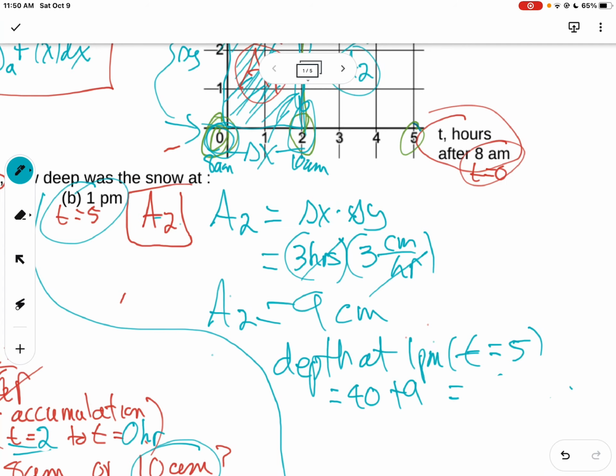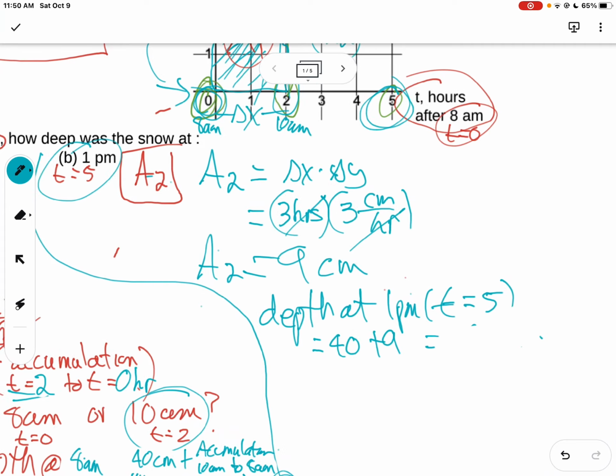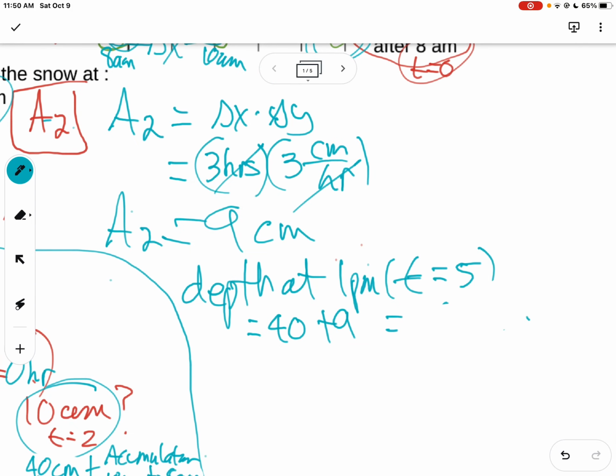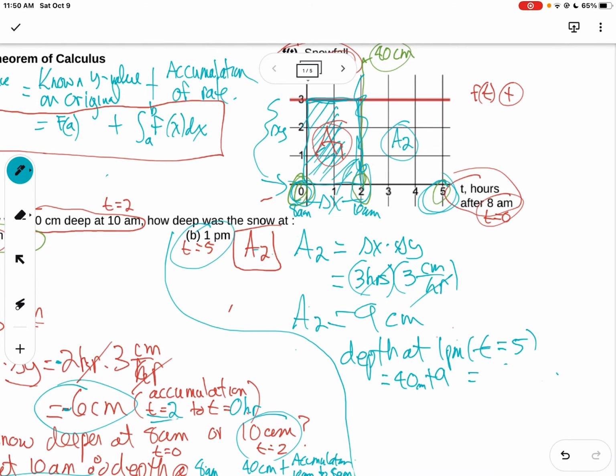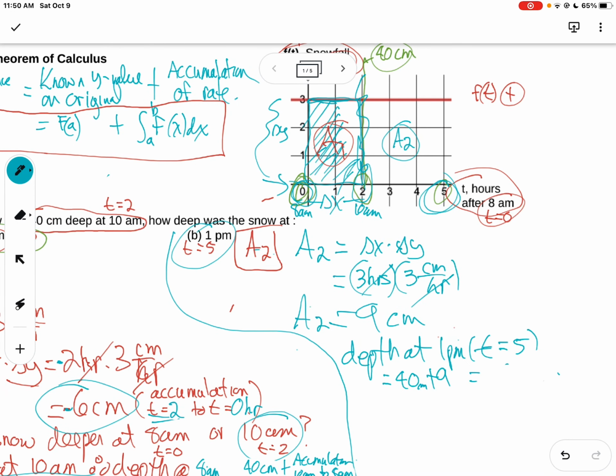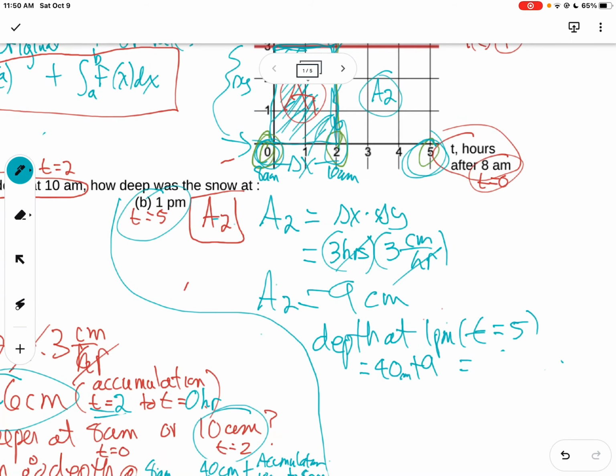So what's the new depth then at 5? Well, the depth at 1 p.m. is the 40 centimeters. By the way, stop, pause, go back, maybe do some calculations yourself, right? You should be working through these examples. Sorry, I'm just drinking a tea right now while I'm going through this.